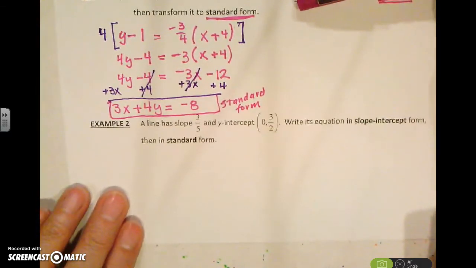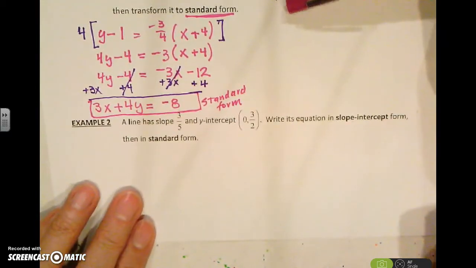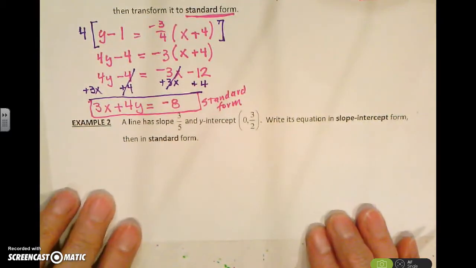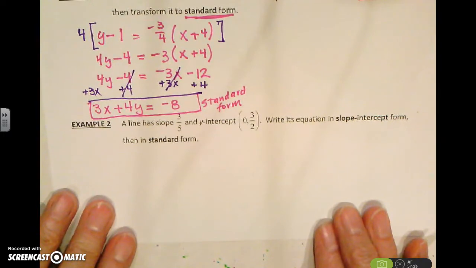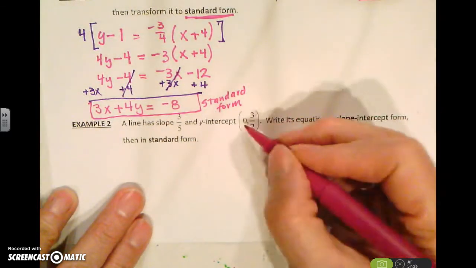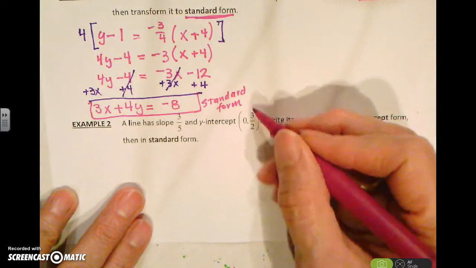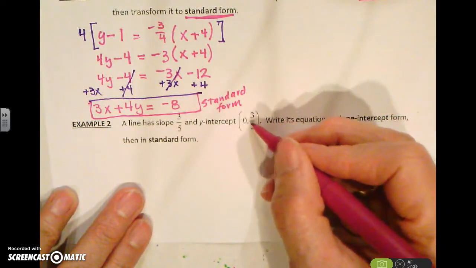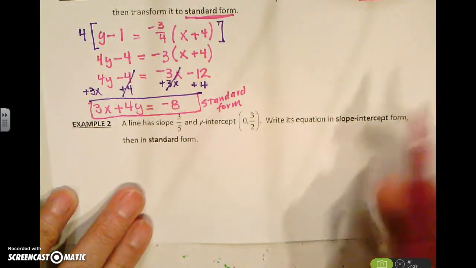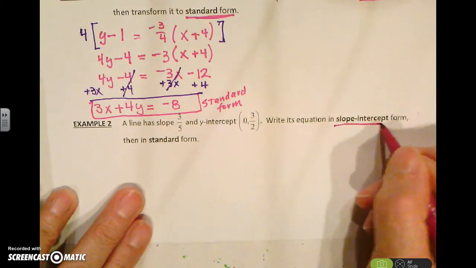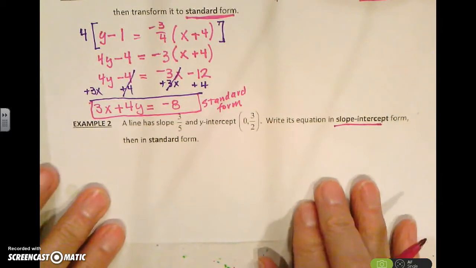Here I have an example 2. A line has a slope of 3/5, so there's my m, and a y-intercept of 0, 3/2. So remember, y-intercept is a special point that's on the y-axis, and if it's on the y-axis, the x is 0. Write its equation in slope-intercept form, and then in standard form.